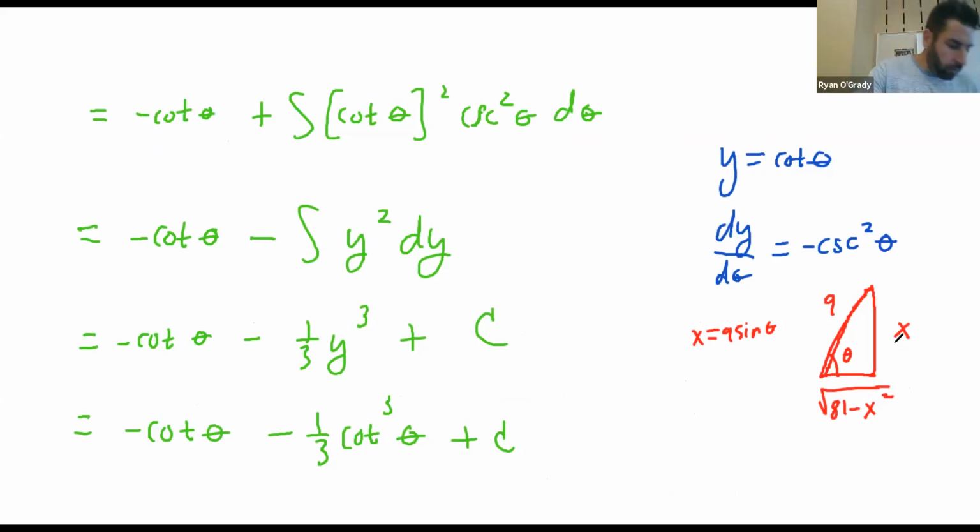So what's the cotangent of this particular angle? The cotangent of this angle is 1 over the tangent. So the tangent is opposite over hypotenuse, so the cotangent would be that inverted. So I think, as long as I don't make any errors, this would be the square root of 81 minus x squared all over x, minus 1/3 times this thing cubed.